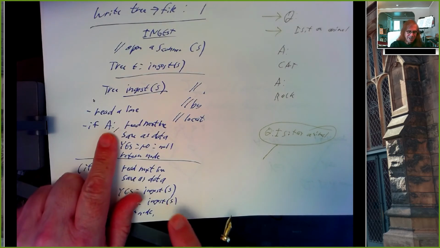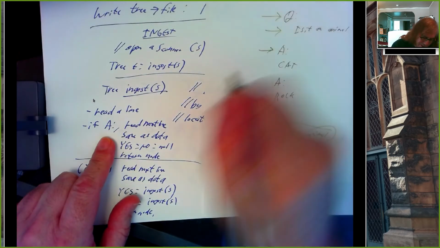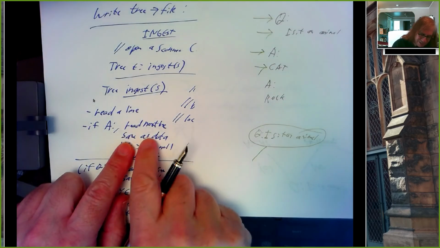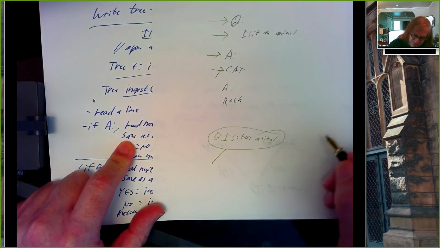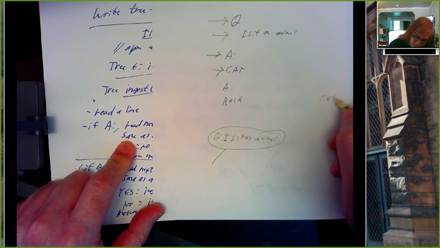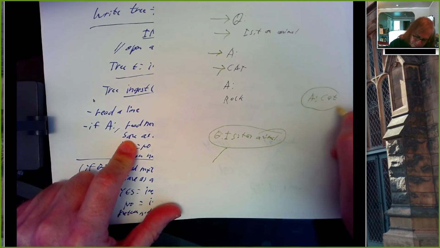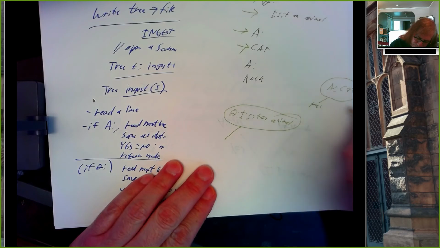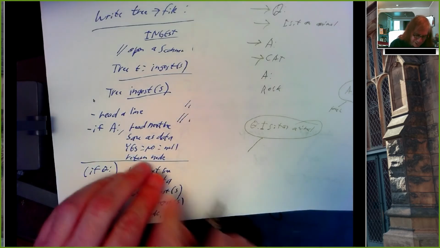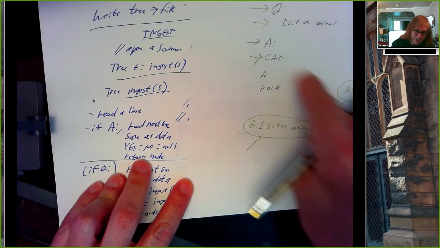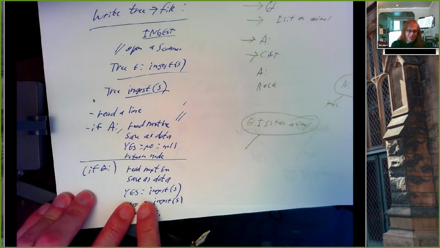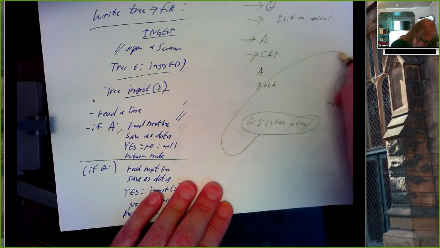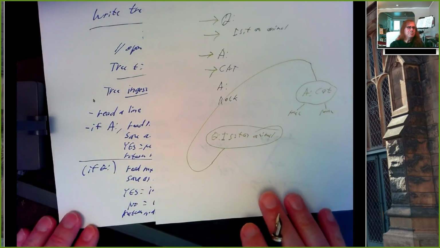It says read a line from the file, so it reads this line. If it's an A, which it is, read the next line. That's a cat. Save that as the data, so we make a node which says answer cat. We set the yes and no children to be null, and we return this node as the value of ingest. So now we come back here where it said yes equals ingest. That makes this point to that node right there.